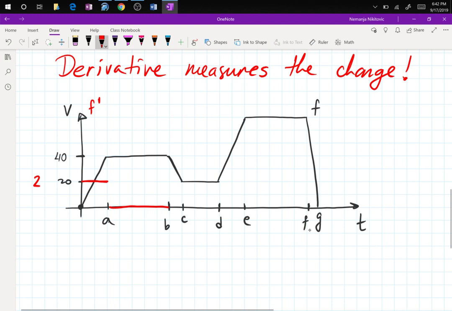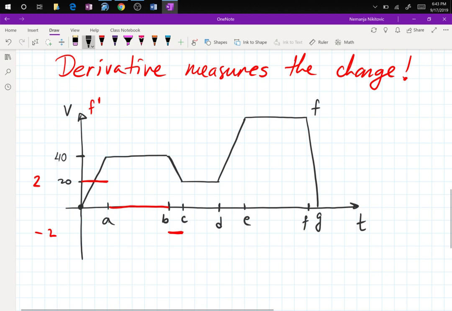So now you are braking, and you have a negative 2 value over here because you go 2 units down, 1 unit over. So that's a negative 2 value. And that's that red piece between B and C.